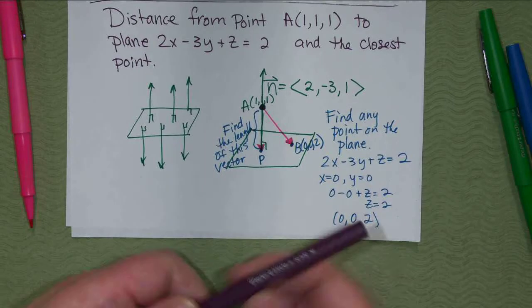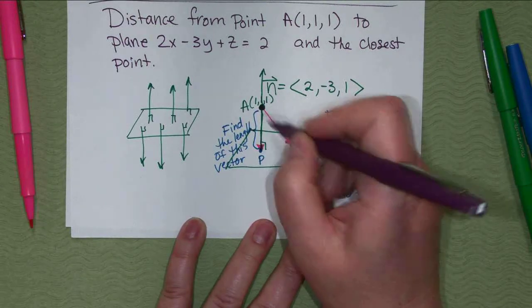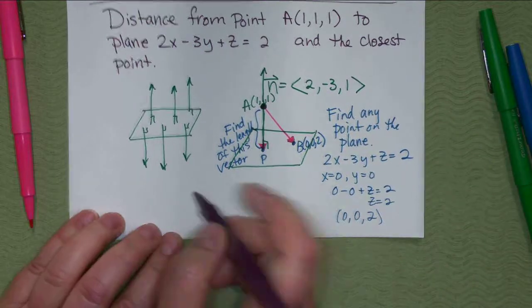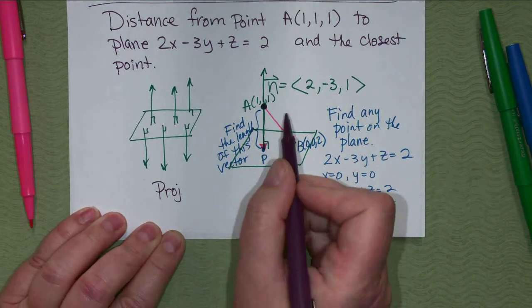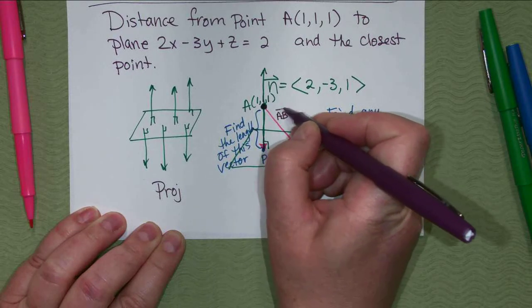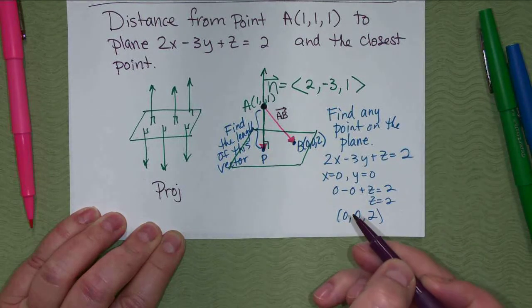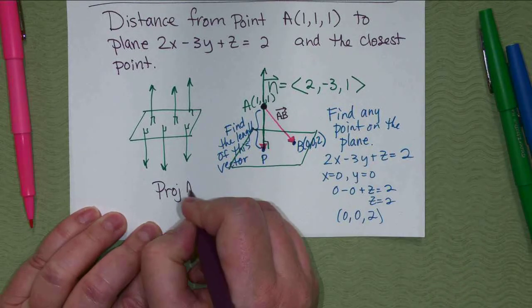All right, so we want them to attach and point away from each other. So now what we're going to do is project. So this will be the vector AB. Arrow goes to the B. So AB, we're going to project AB onto the normal.